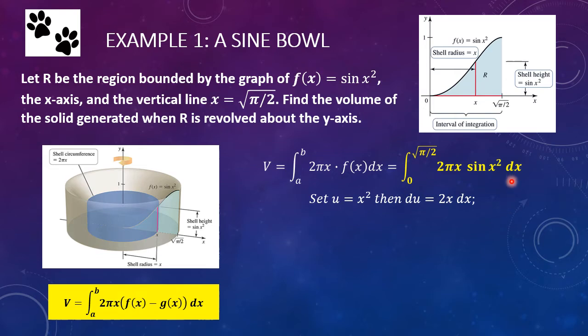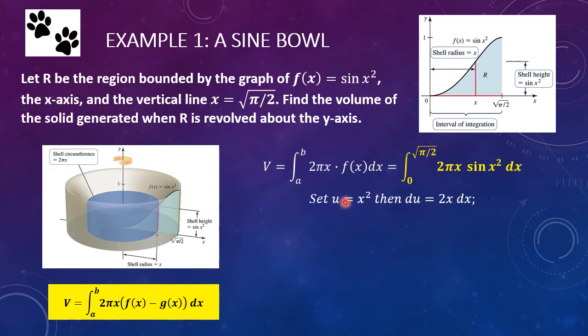And if we set u equals x squared, notice that du, the derivative of u, equals 2x dx. And so we can get rid of the extra variable that is one of the factors there. So if we do the substitution here, we get 2x dx. That takes care of the 2 and the x and the dx.